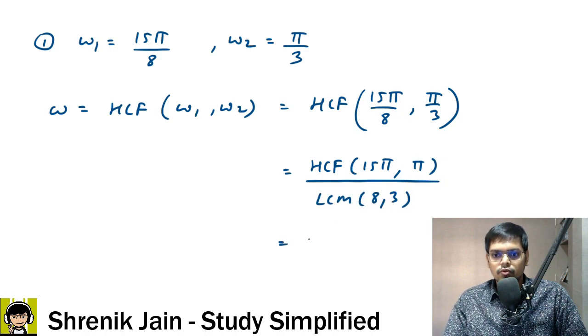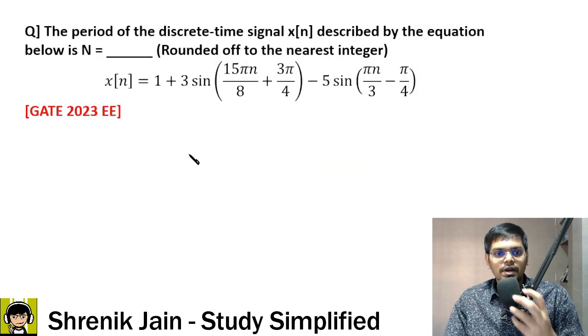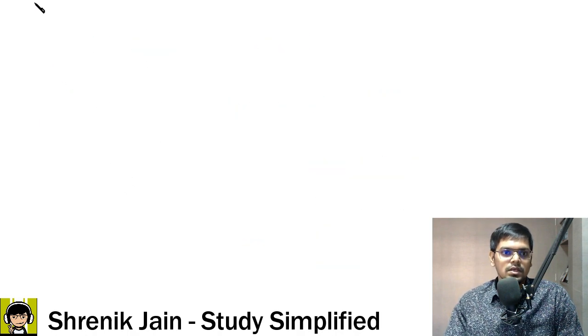divided by LCM of denominator 8 comma 3. So what is common between 15 pi and pi? Sir, it's pi only common, highest common is pi. What about the LCM of 8 comma 3? Sir, 8 comma 3, it's just multiplication, 8 into 3, that is equal to 24. So this is your omega, but apparently they were asking you the fundamental time period, not the fundamental frequency. So the final step is rearrangement.